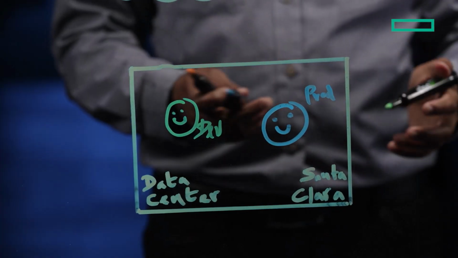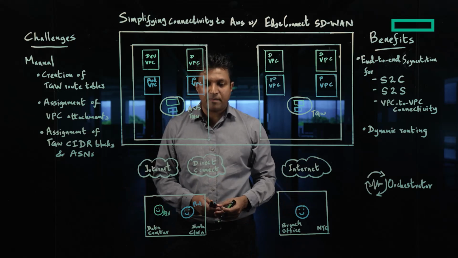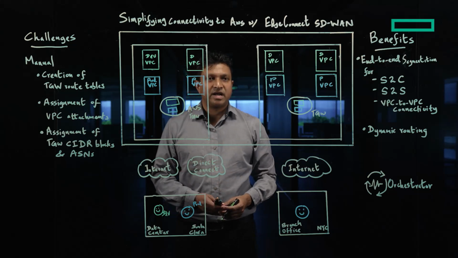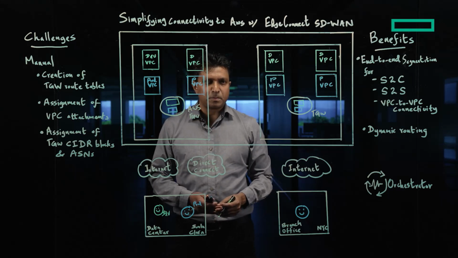Now, as you can see, when you have hundreds or even thousands of sites on-prem, you have to make sure that you create these connections appropriately and update the route tables.